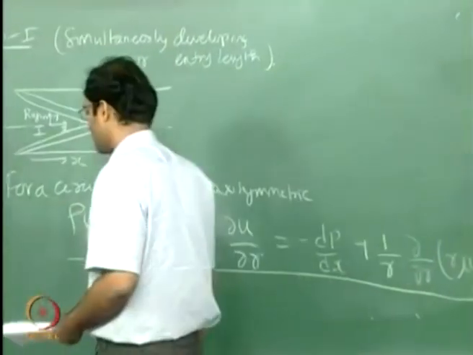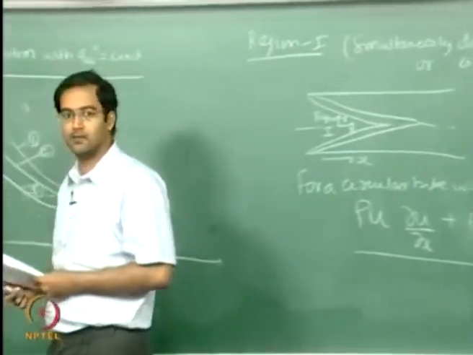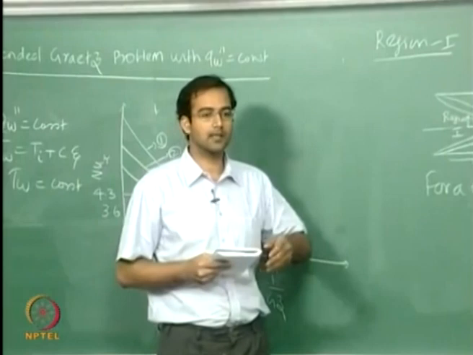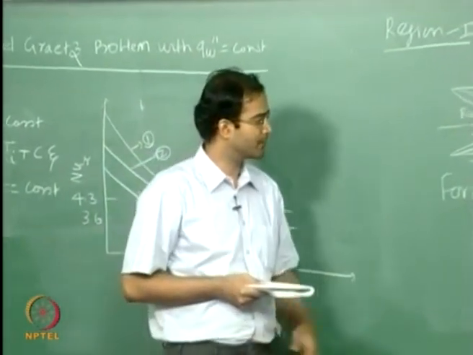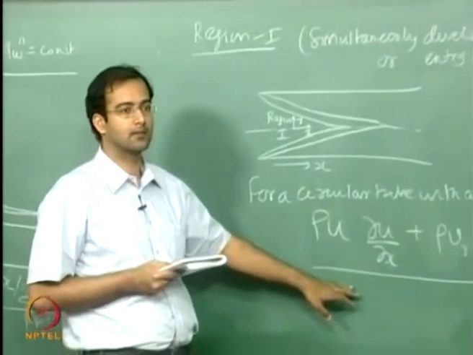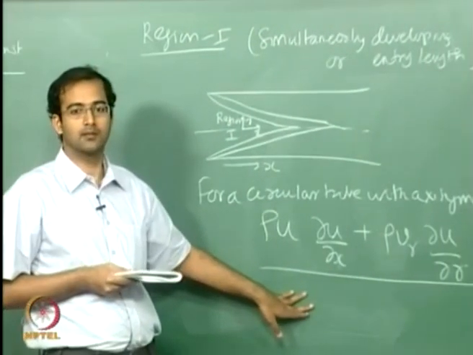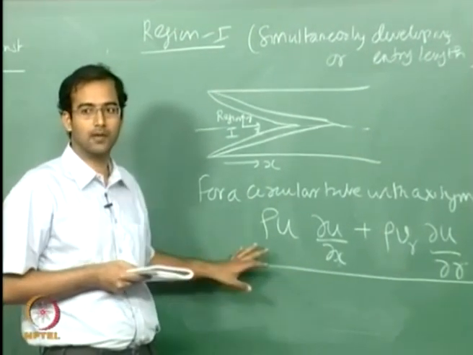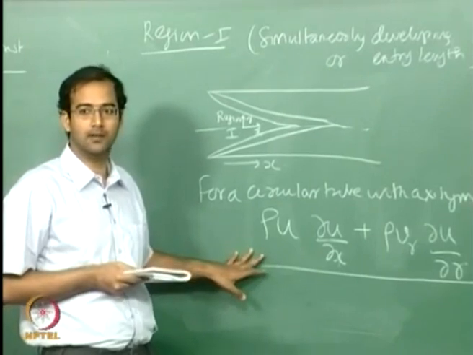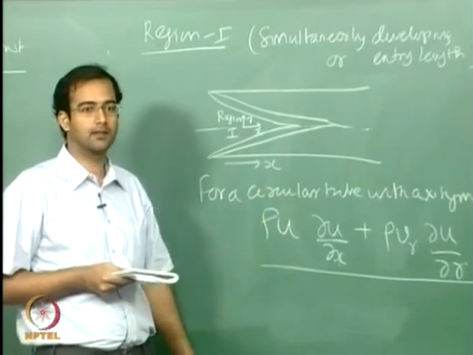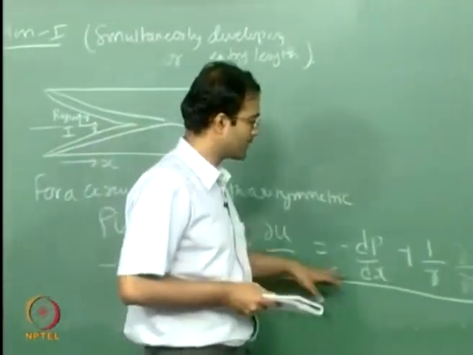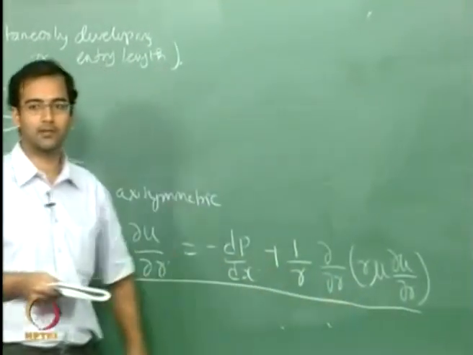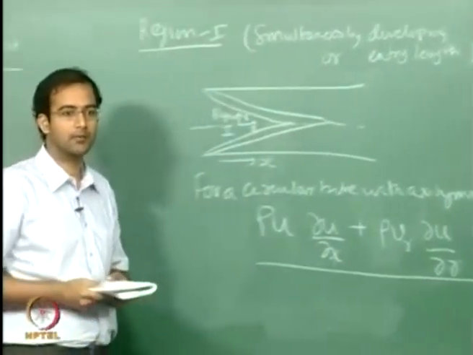So this equation which we have written right here assumes that there is no variation of velocity with respect to theta direction, and also the radial momentum is negligible, okay, so therefore you write only the axial momentum equation neglecting the variation with respect to the theta direction, and this equation is very similar to your boundary layer equation. In fact, this is your boundary layer equation, right?